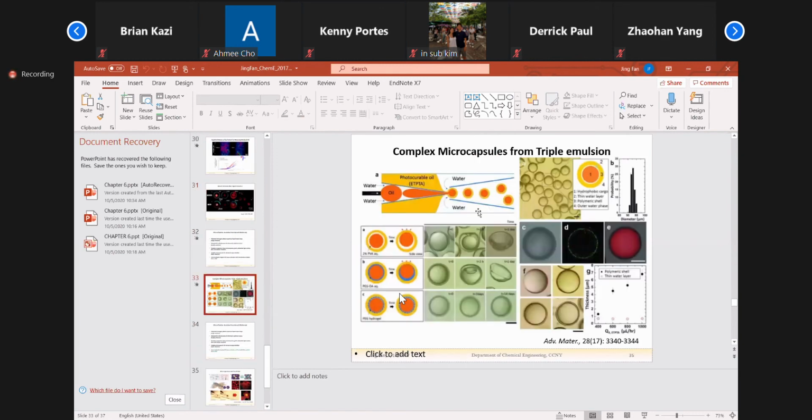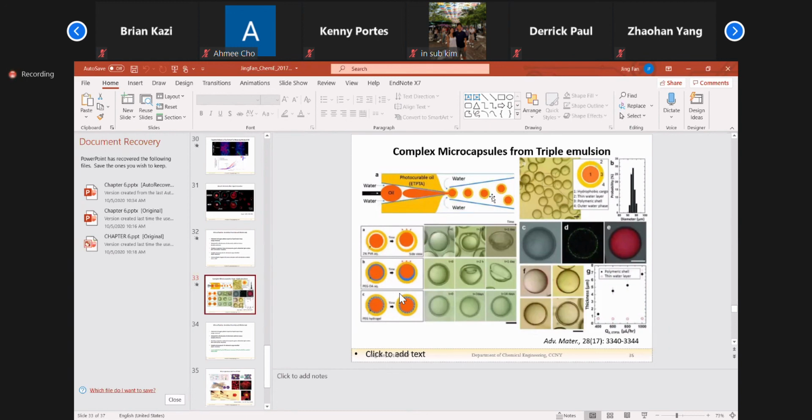Okay, and then here, the last example is complex microcapsules from triple emulsions. This material was developed to encapsulate very small molecules, such as perfume. We know that drugs are large molecules, so it's relatively easy to encapsulate them in the core.